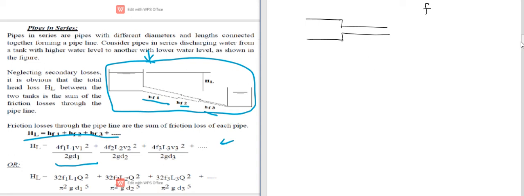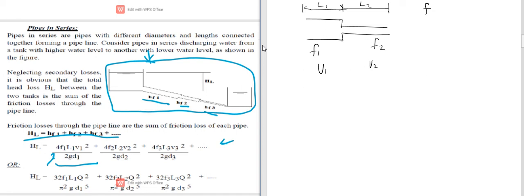F is the frictional coefficient in this formula here. So both of these pipes have frictional coefficients. This one has F1, this one has F2. The length of this pipe is L1 and the length of the second one is L2. The velocity of this first pipe is V1 and the second one is V2.